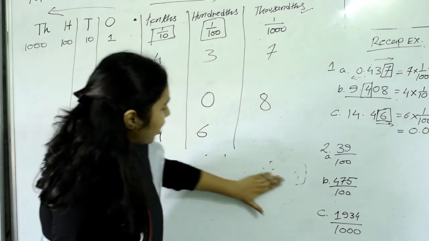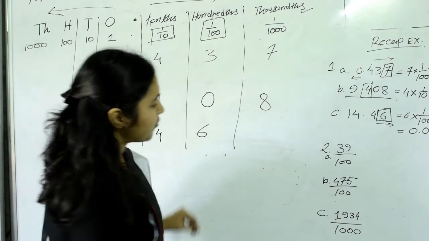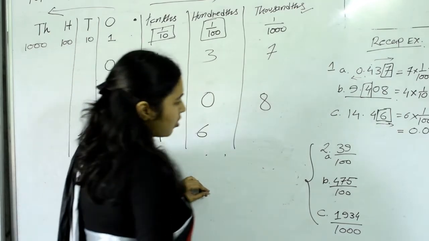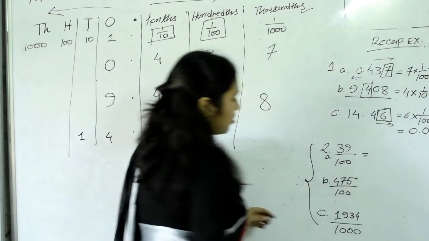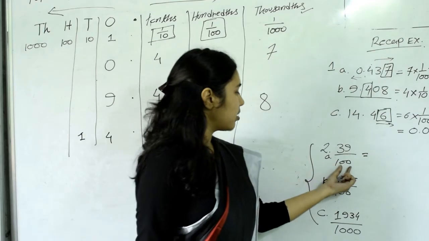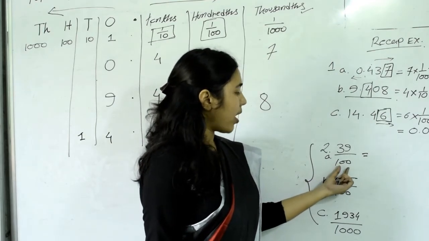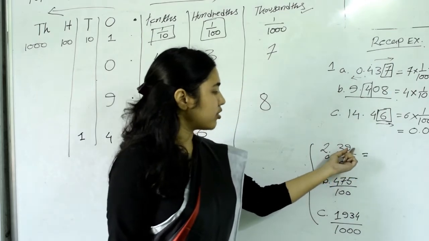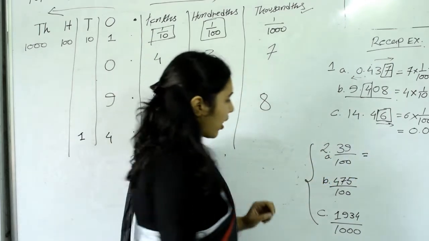Next, we have to convert these fractions into decimals. So the rule is, here 1 is followed by 2 zeros, right? And in the numerator we have 2 digits, right?